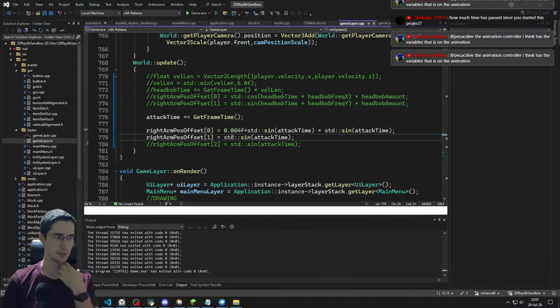This should be for the up and down. The animation control, I think, has the variables that are on the animation. Yeah, but I don't care about the variables right now. We're just playing around with the values ourselves. So let's do the y-axis, which should be up and down.